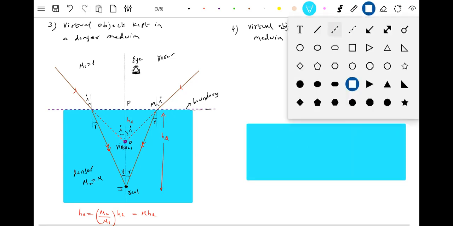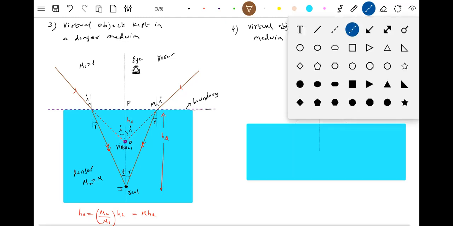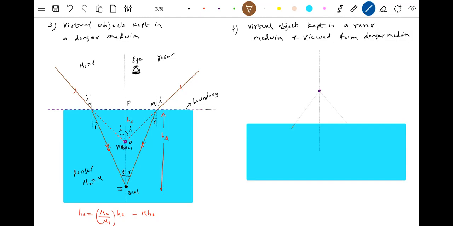So where is the virtual object? Virtual object will be there in the... Okay, this will be normal. Normal I'll show by red cursor.